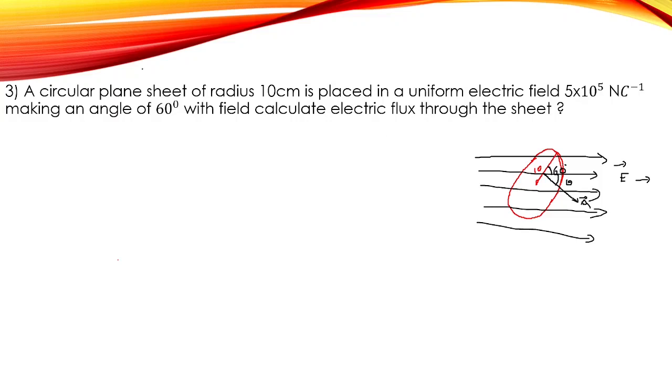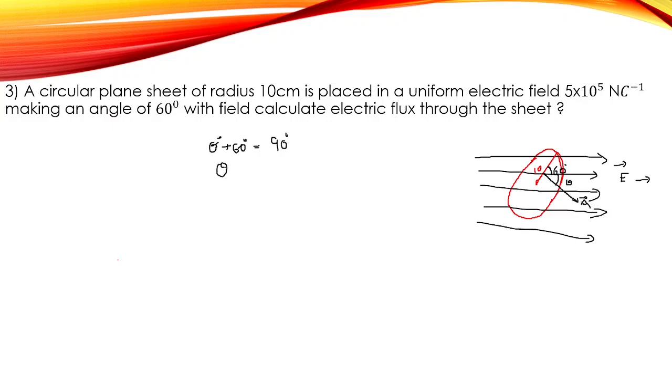To find theta, we know that theta plus our 60 degrees is equal to the angle between our surface and area vector. Always the area vector will be perpendicular to our surface, that is, it will be 90 degrees, right? So what will be our theta?